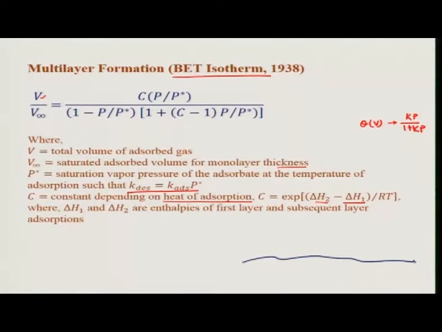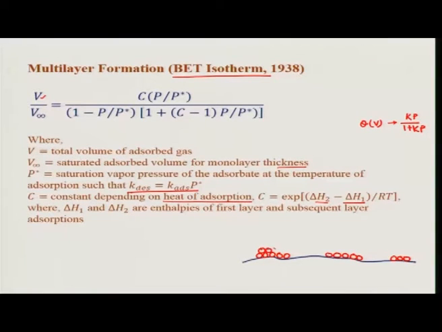I have drawn it not straight but a slightly rough surface, and if my atoms are being adsorbed, so this is my monolayer coverage, and this is H1, the enthalpy of first layer formation.